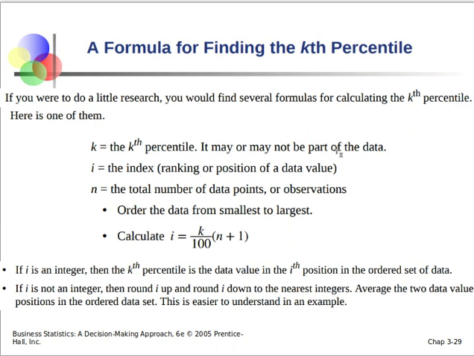I is the index, or ranking, or position of a data value in the total number of data points or observations. First, order the data from smallest to highest, or sort it ascending, small to big.